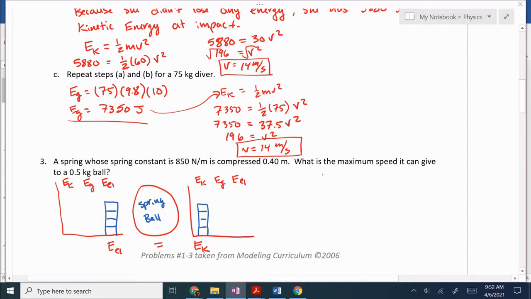So that's going to give us 1/2 k x squared is equal to 1/2 m v squared: 1/2 times 850 newtons per meter, times 0.4 meters squared, equals 1/2 times 0.5 times v squared.